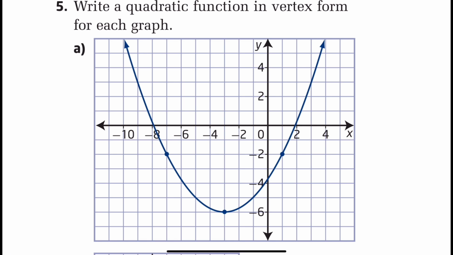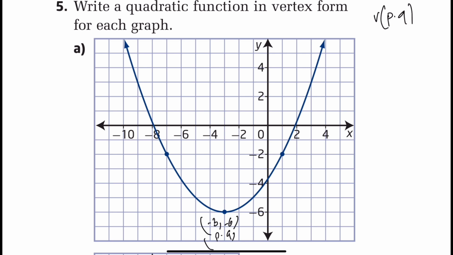So from here, we said that the vertex is always the p and q. So my vertex is here. So this is minus 3 and minus 6. So this is p and this is q. I have my p, my q. Okay?